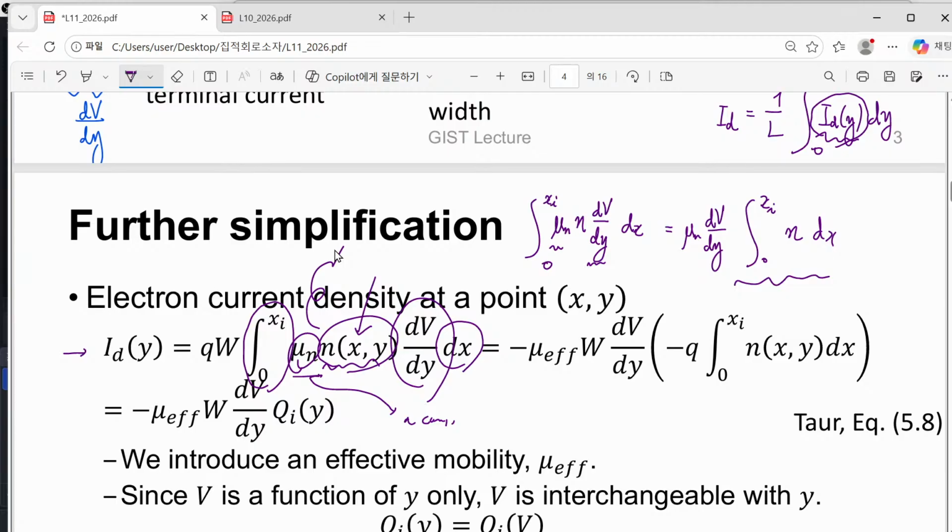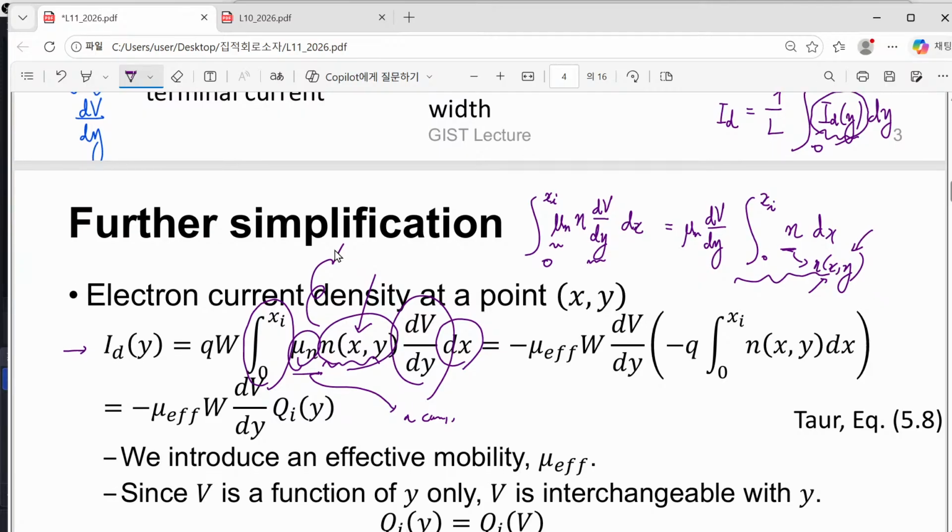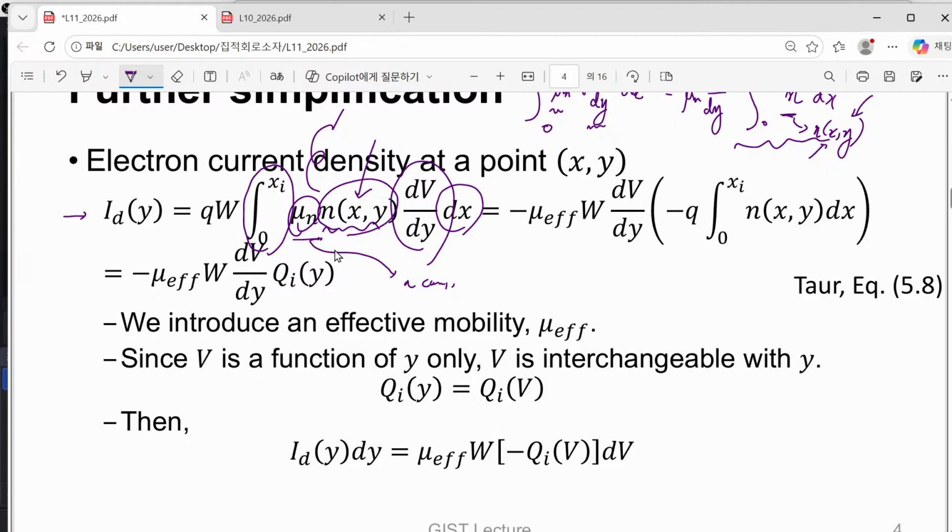Quite similarly, here we have the electron density function n of x comma y, and y is a given number, and we just make a slice at a given x position. How many electrons? And in a deeper state, how many electrons? If we make an integration over all of this, then we can get the total number of electrons.